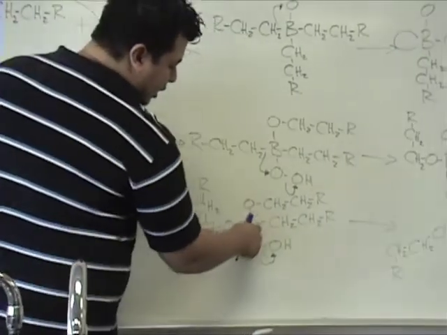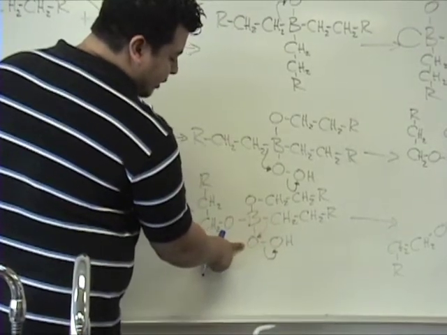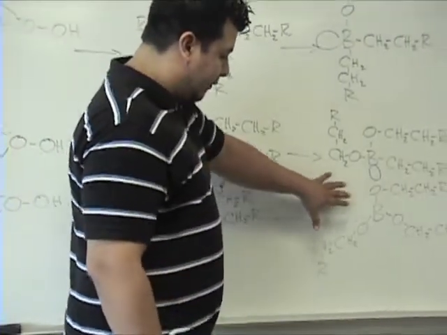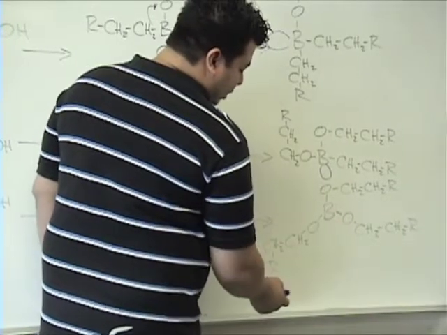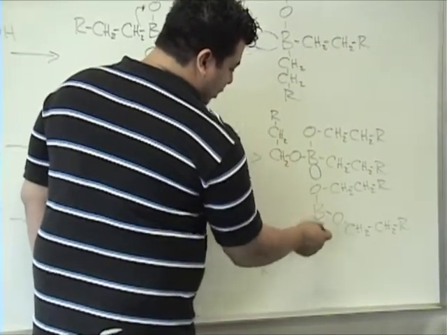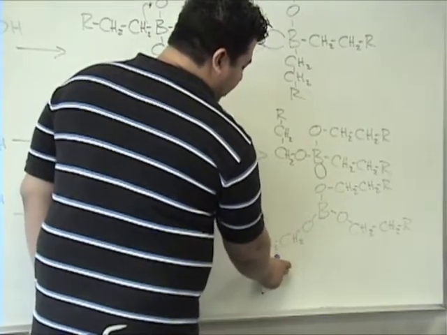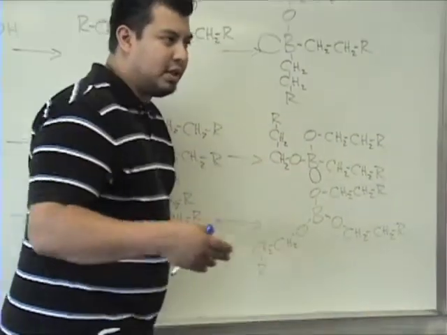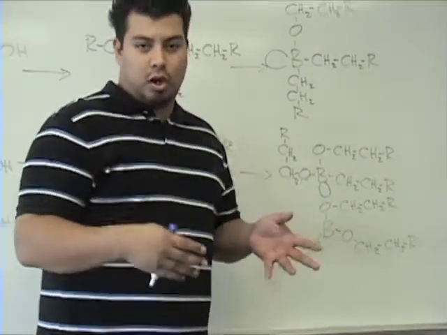And then the carbon-boron bond is going to attack the oxygen, and the OH is going to leave, and we are left with this molecule where we have the boron in the middle, and then 3 oxygens attached to it, and on each oxygen we have our chain that we started as an alkene on the step before. So this is the molecule we're going to work with now.